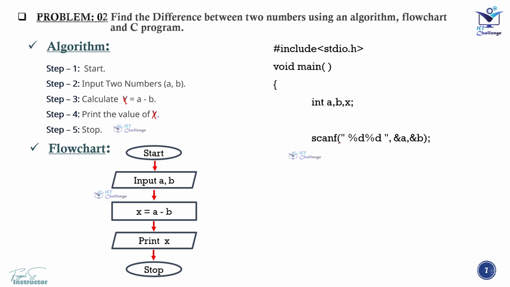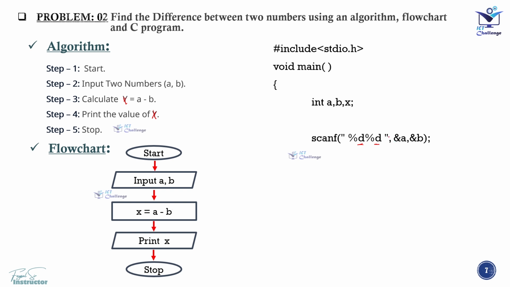Now scanf. Here we don't use scanf two times, we only use it one time. Inside the scanf we need to input two values, for a and for b. So that's how we write %d and %d, two times, because one of them is for a and another one is for b. We call them two integer values.